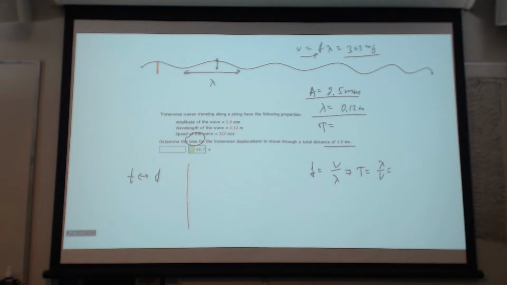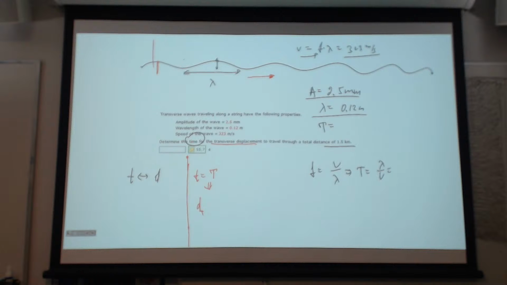Period is equal to 1 over frequency, and frequency is equal to velocity over wavelength. No, that's not the way to think about it. So you would travel one wavelength, right? The wave travels one wavelength as a wave, but that's not what we're looking for.